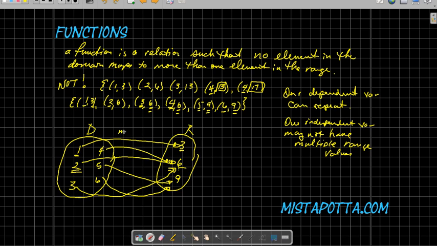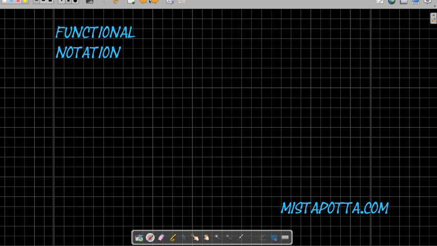And this mapping, in other words, this correspondence between my independent variable and my dependent variable, between my range and my domain, that mapping is called a function. So, we're going to talk a little bit more about functional notation.